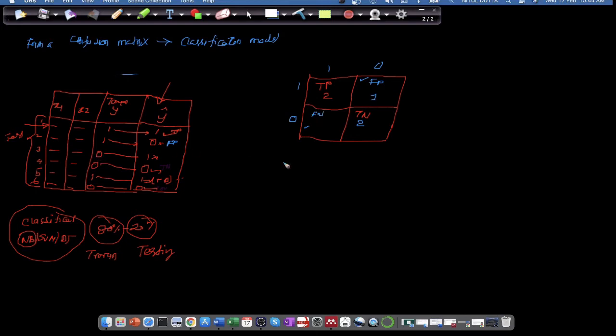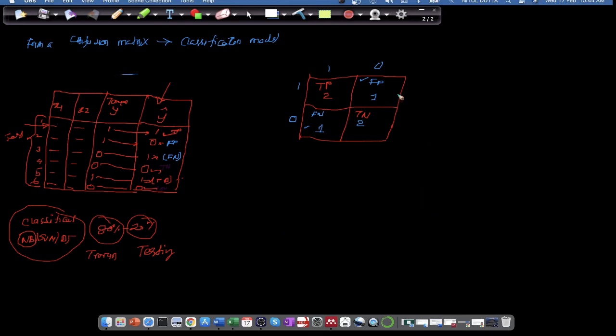False negative means it was 1 but evaluated as 0, falsely evaluated as negative. There is only one false negative value. Do you understand? Hope you understand.